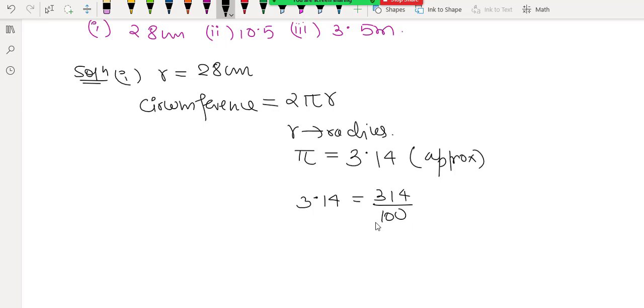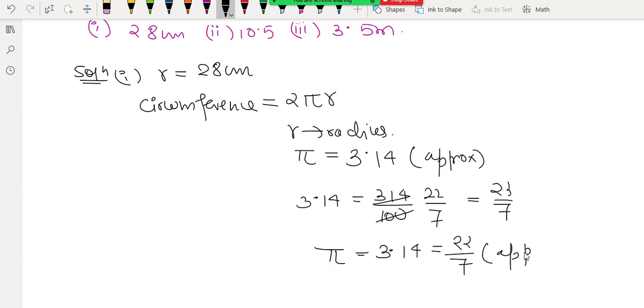After simplification, it will become approximately 22 by 7. So we can say the value of pi is approximately 3.14 or 22 by 7. This is not the exact value, I am telling you again. This is an approximate value. Okay, let's solve the question.